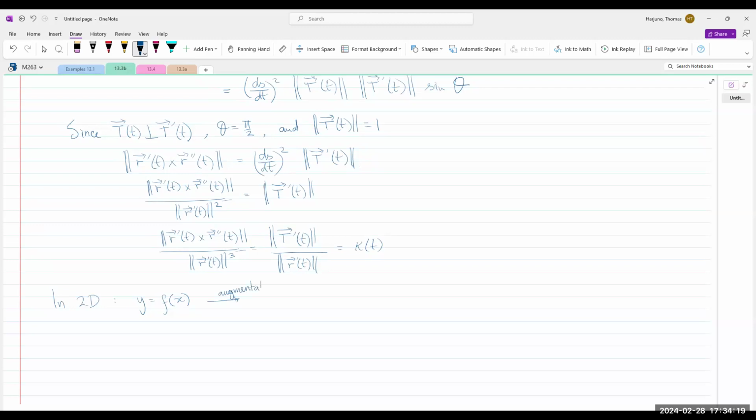Maybe before I say augmentation, we do parameterization first. r of t equals (x, f(x)). So our parameter, instead of t, we use parameter x. Okay, now when I say augmentation, I refer to extending this 2 dimensions to 3 dimensions but on the xy plane.